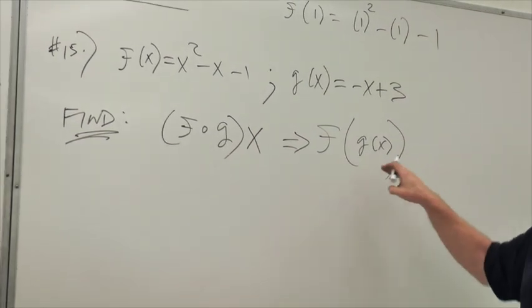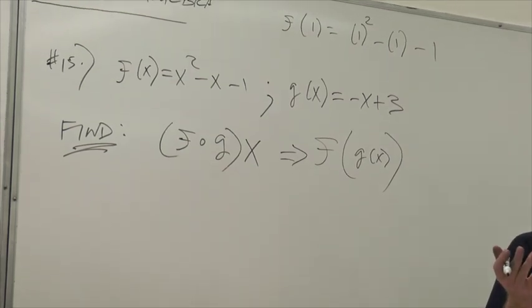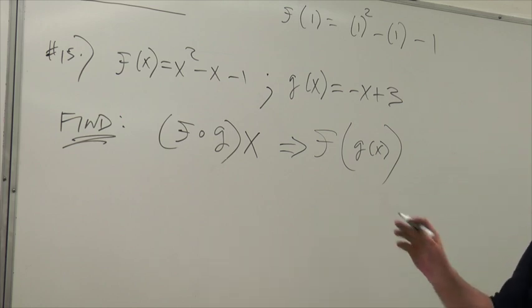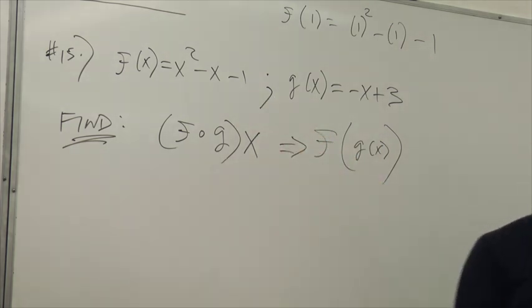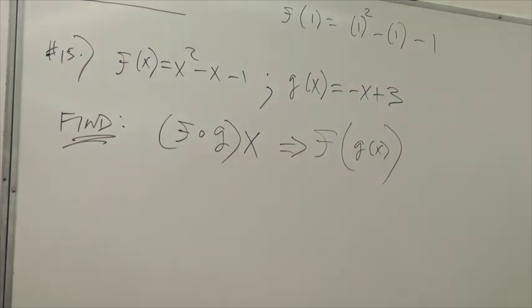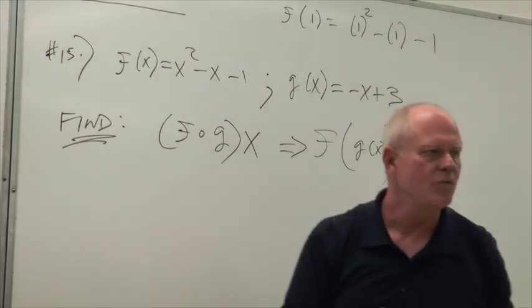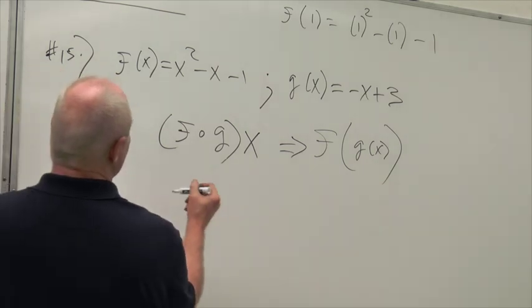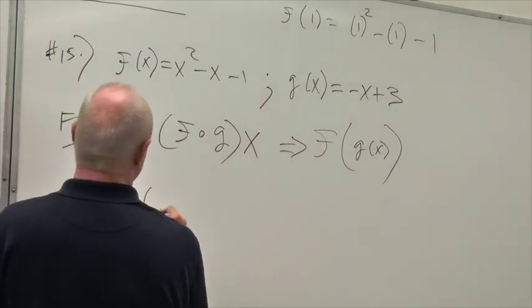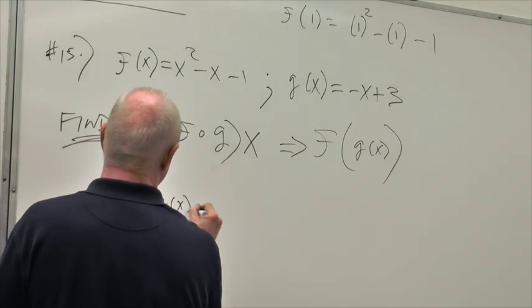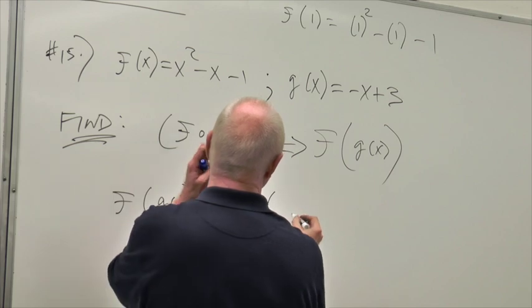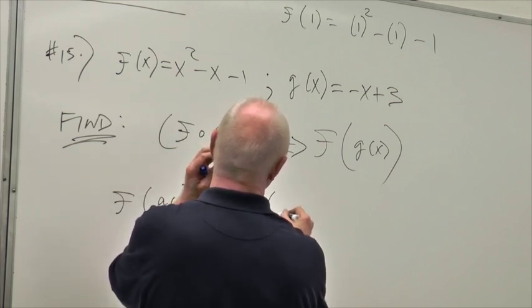But what we're going to do here is, instead of putting a number in, wherever you see an x in f of x, you're going to put the entire g of x function in here, right? So I'm going to rewrite f of x. And every time I see an x, I'm going to leave a little room to actually write negative x plus 3. Okay? So this goes to what? F of g of x, right, is actually f of what? What are we plugging in?